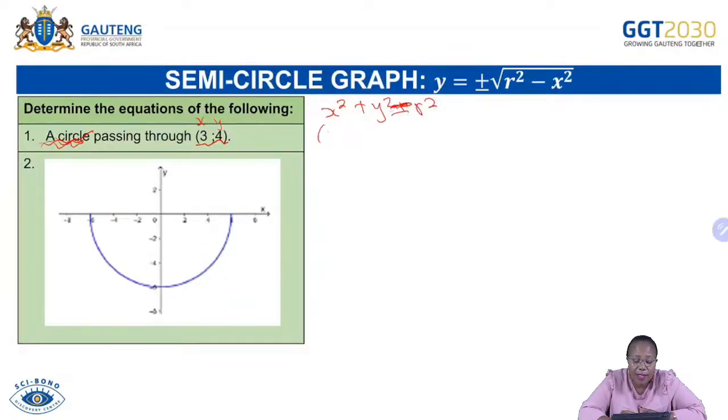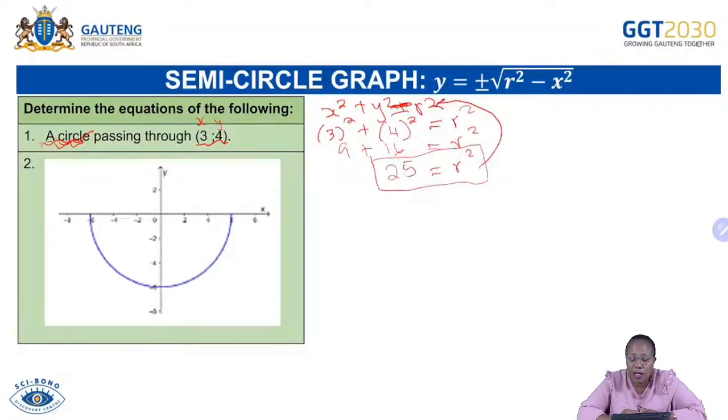So now what is x? x is 3 squared plus what is y? y is 4 squared, and we are looking for r squared. That is 9 plus 16, which gives us r squared equals 25. We are not simplifying this into the radius because our equation needs an r squared.